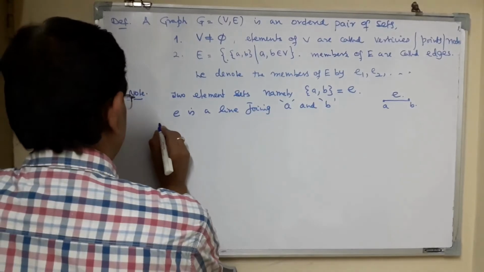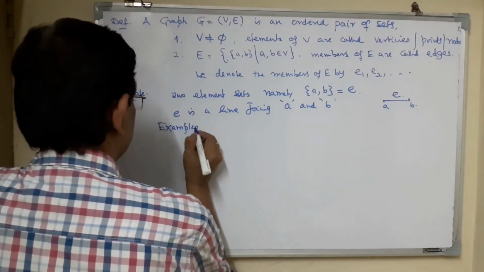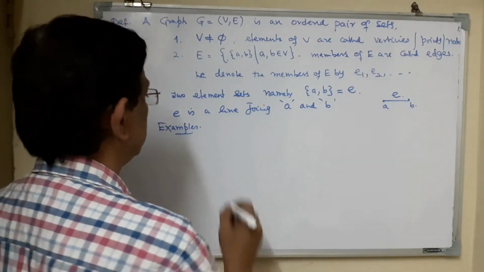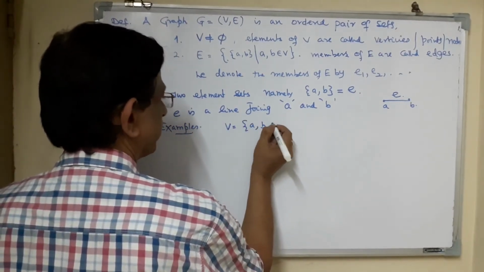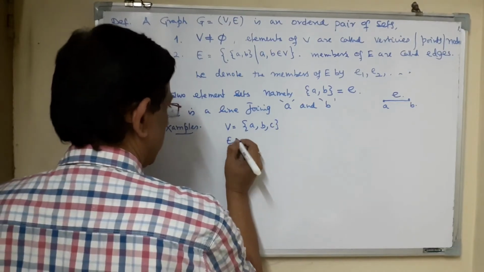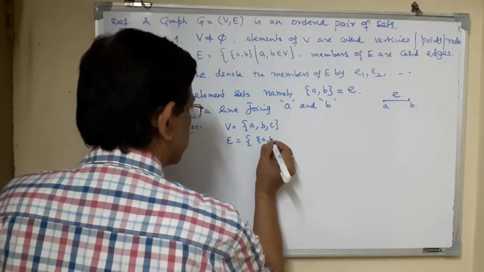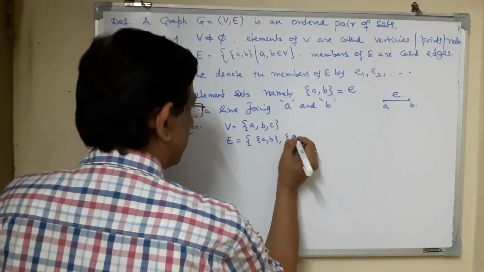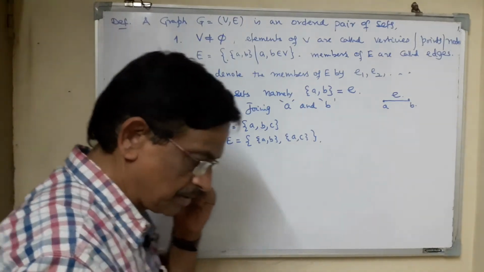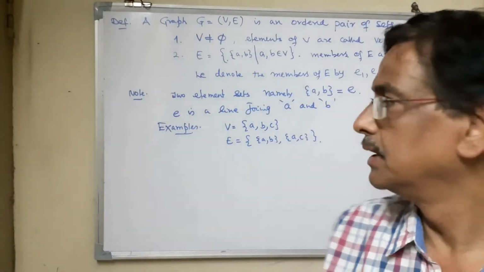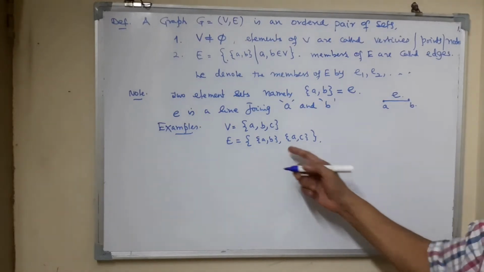I would like to see a couple of examples on this. V is equal to {A, B, C}. I write E is equal to the two element sets AB, AC. So I have two edges with three vertices. How do you depict this?